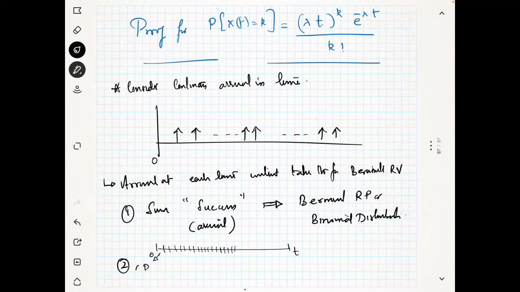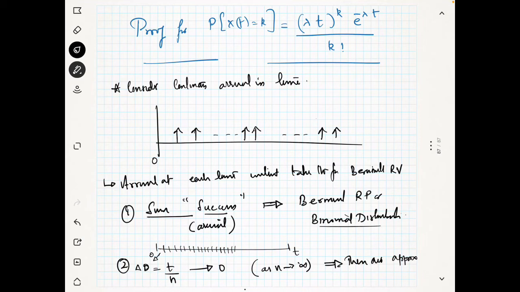If the block duration delta d, which is t by n, tends to 0 as n tends to infinity, that is, the number of partitions tends to infinity, then our approximation for the total number of successes using the binomial distribution becomes exact.